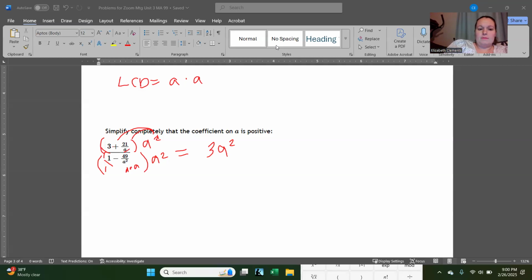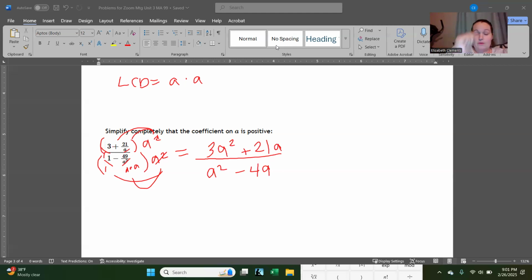So then I have plus 21a, all over, and that a squared is going to be multiplied in. So I have a squared, and then that a squared is going to cross off with this a squared. So then I have minus 49.